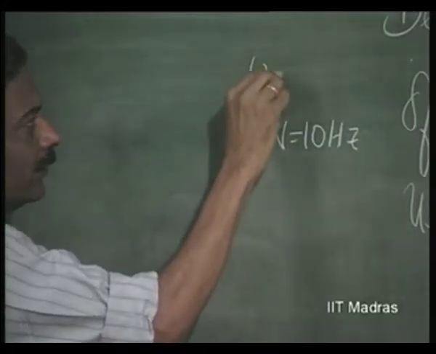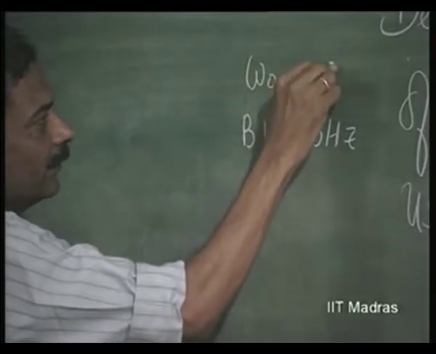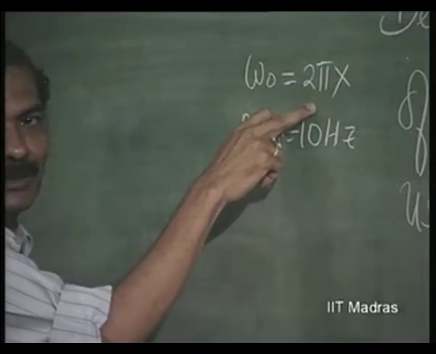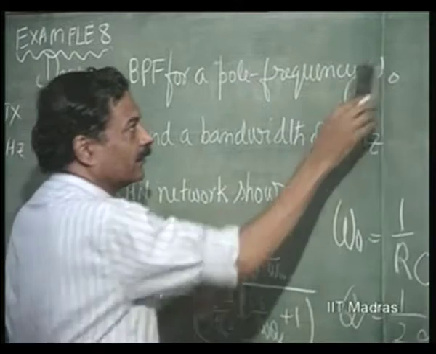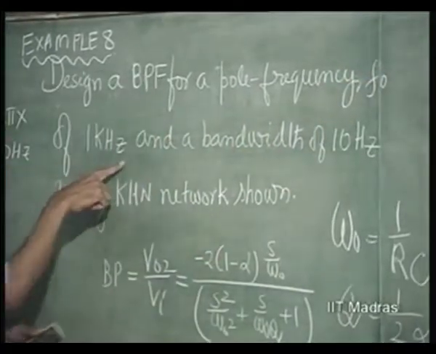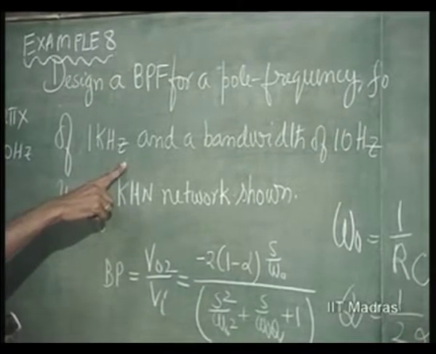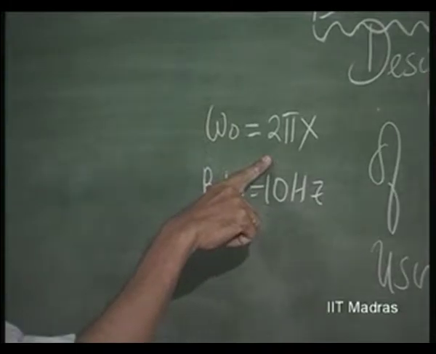You have to remember that what is given is f naught, because it is given as 1 kilohertz. Omega naught is in radians per second, which you can get by multiplying f naught by 2 pi.